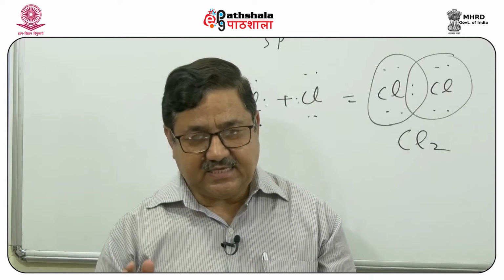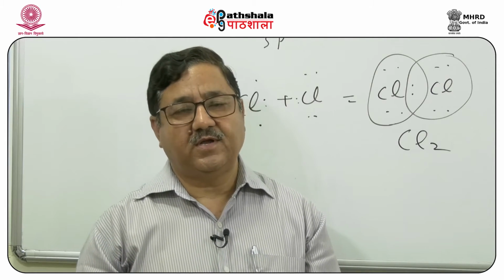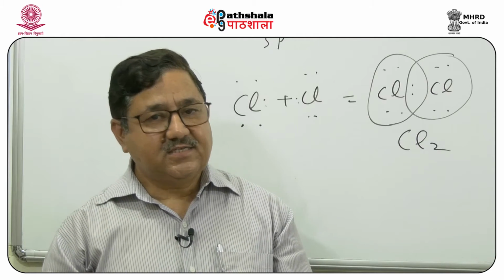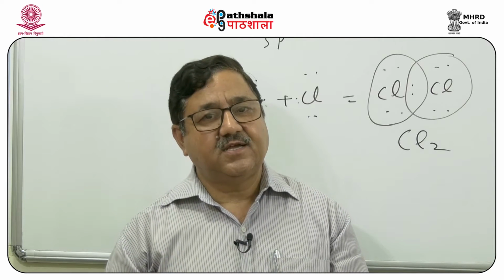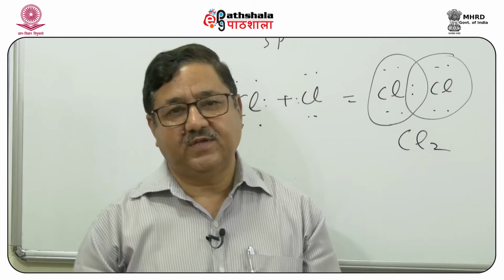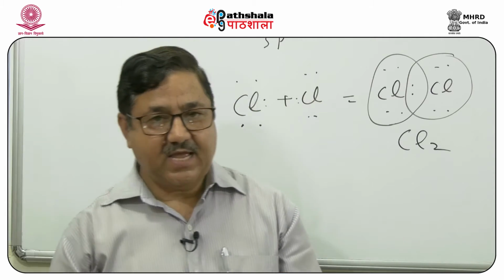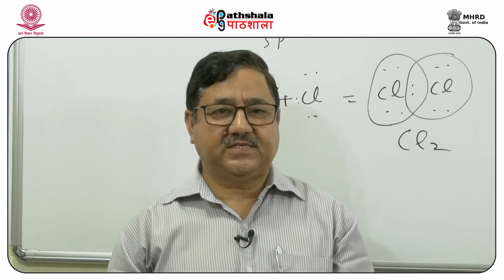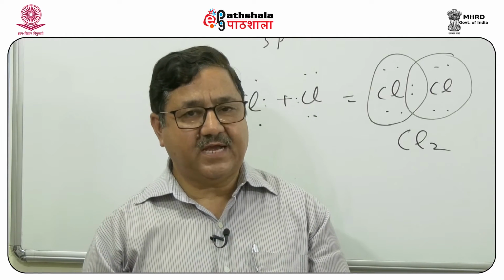After discussing these 3 types of bond, we will look at some other bonds which result as a function of the nature of the binding material. For this, we will first learn the concept of electronegativity.